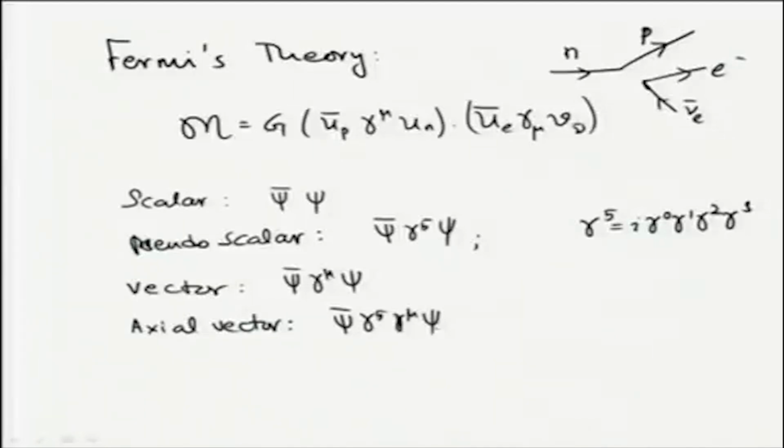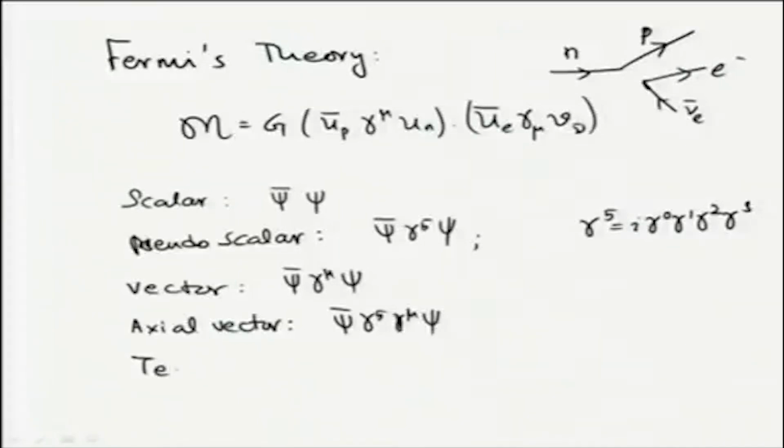But an axial vector is something which will not change sign under parity. The spatial components of the axial vector will not change sign under parity, similar to orbital angular momentum or spin angular momentum. We will come to that in a little while.